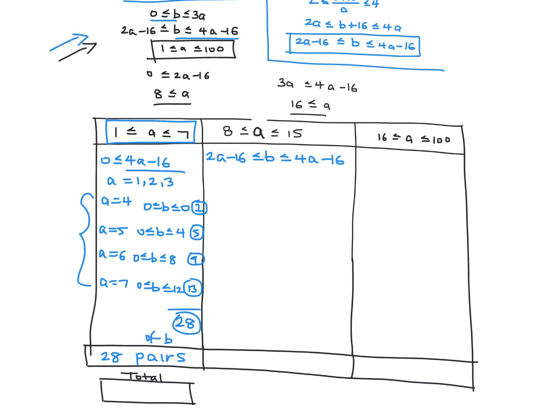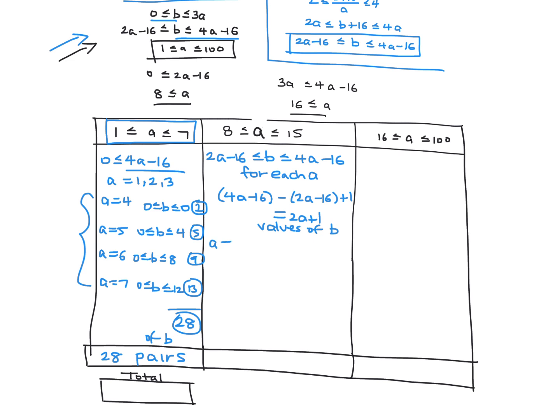And then for each A, the number of values would be 4A minus 16 minus 2A minus 16 plus 1, which is basically 2A plus 1 values of B.